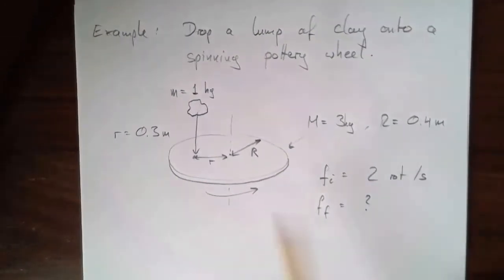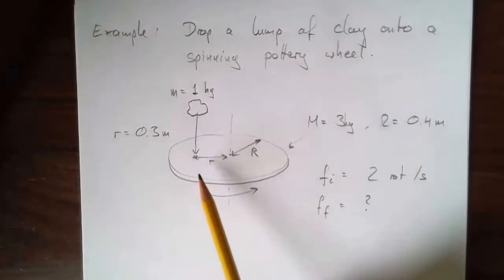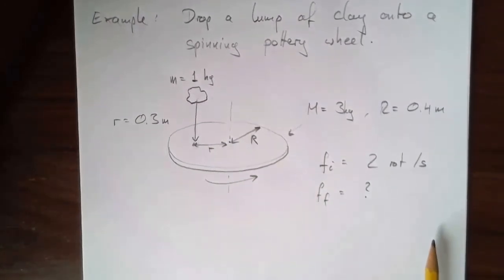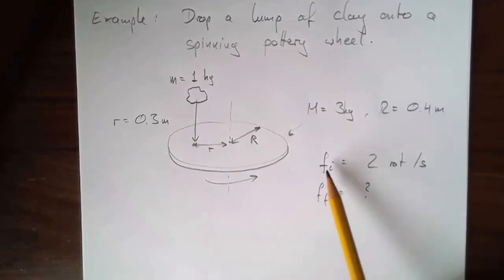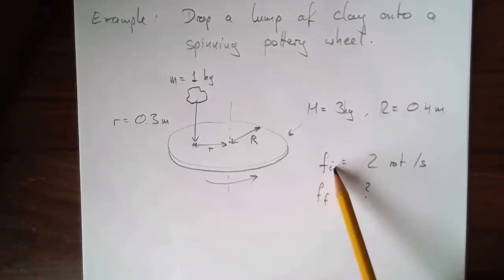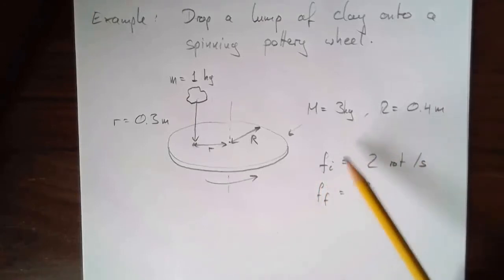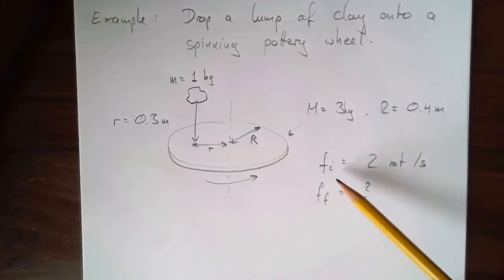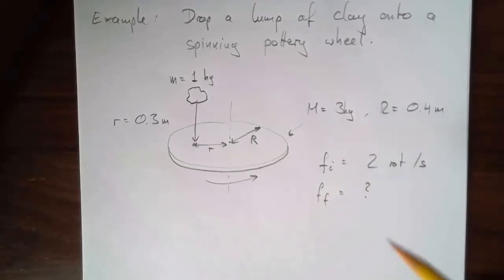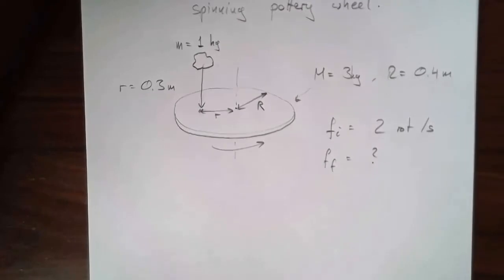Okay, so let's figure out what the initial and final angular momentum is. Now, one thing I could do is work with f rather than omega, because if omega I is conserved, then f I is also conserved, because f and omega are just related by 2 pi. If omega I is conserved, then 2 pi times omega I is conserved. But for our example, I'm going to convert to omega just as a reminder of how to do that.